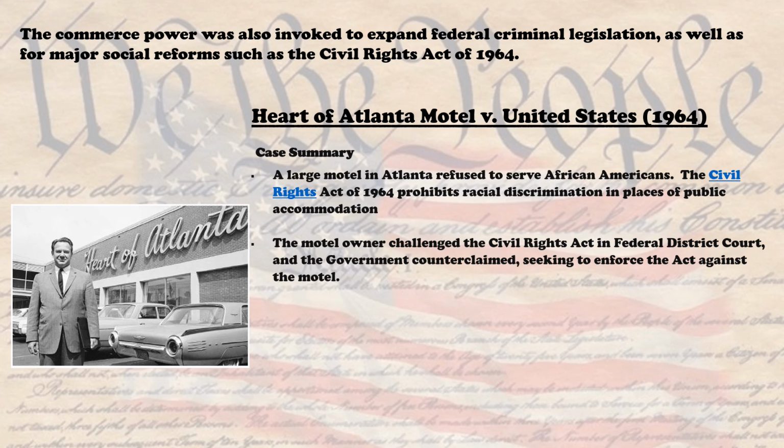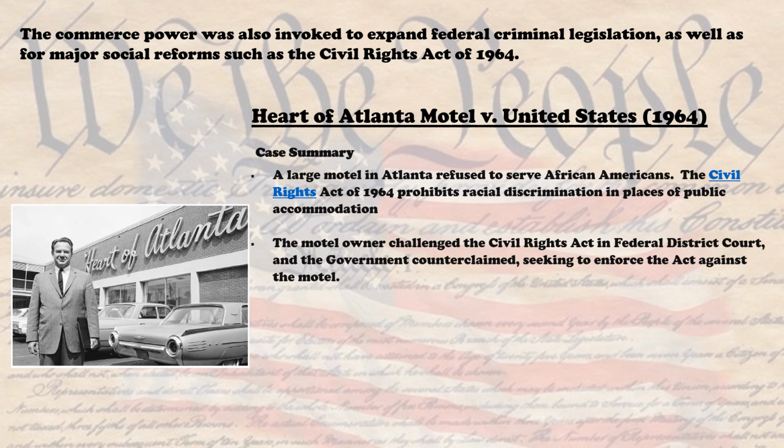Well, basically, the motel owner did not agree with the Civil Rights Act of 1964, right? He wanted to continue discriminating against African Americans, right? And he argued that the federal law did not apply to him because his business was completely local in nature.